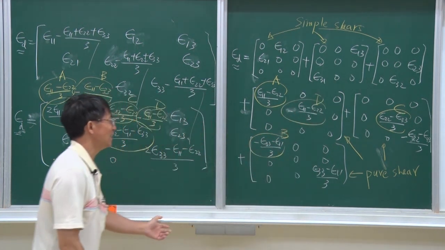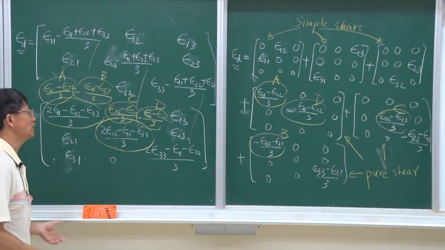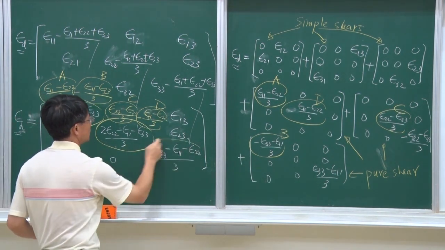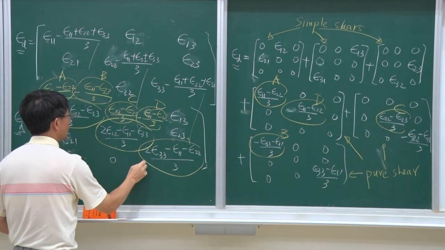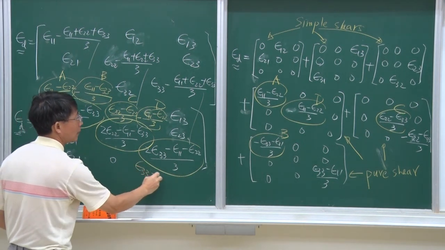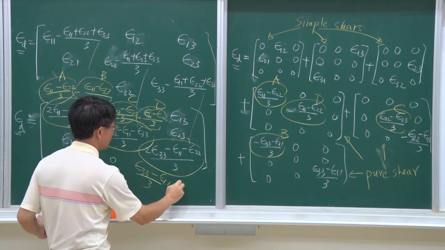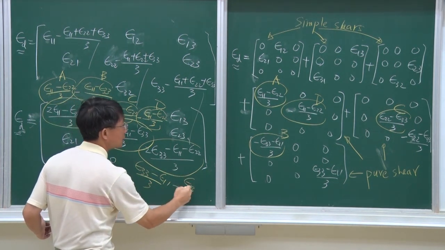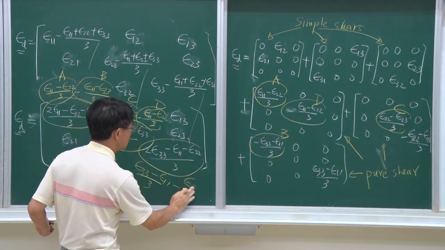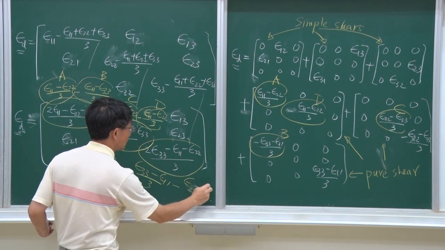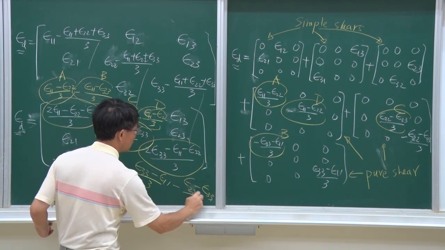Okay. I just do it term by term. And then this one, epsilon 3 minus epsilon 1, epsilon 3 minus epsilon 2.